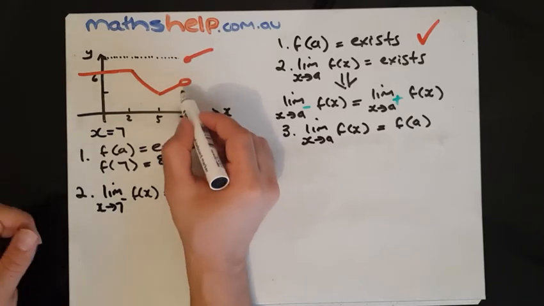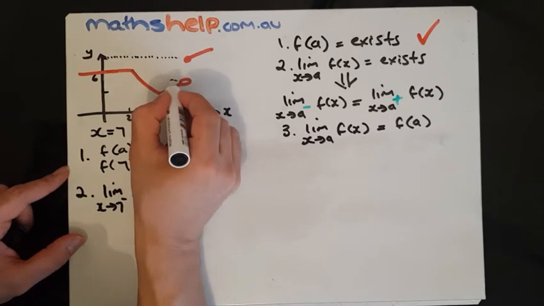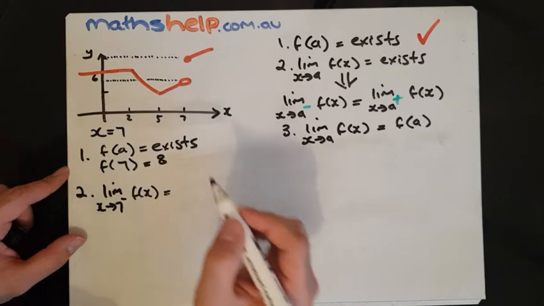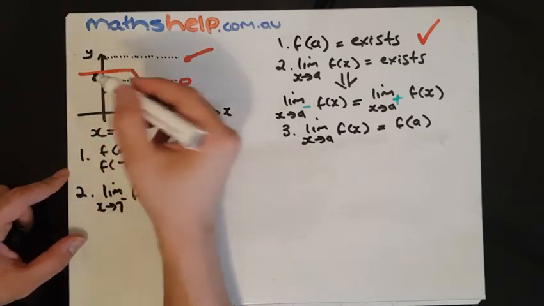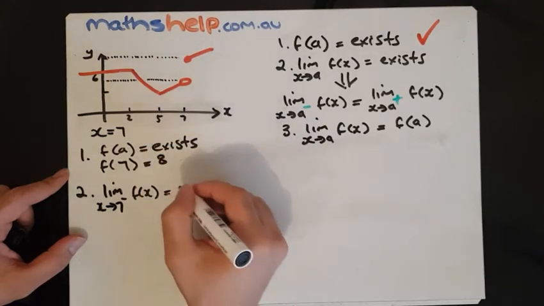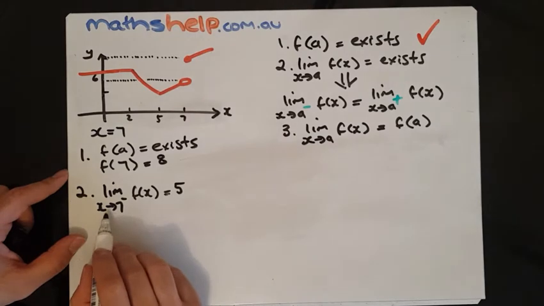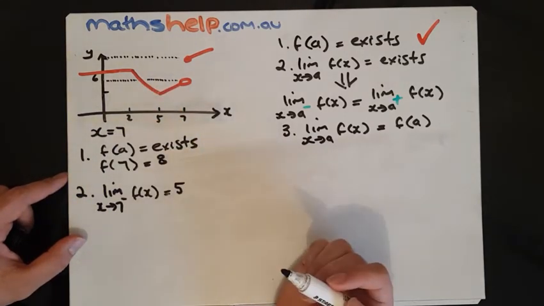What is that value? Again, if we draw a line to make it easier to understand, if that's a 6, that's 5 maybe? So we can say the limit as x approaches 7 from the left hand side would be 5.